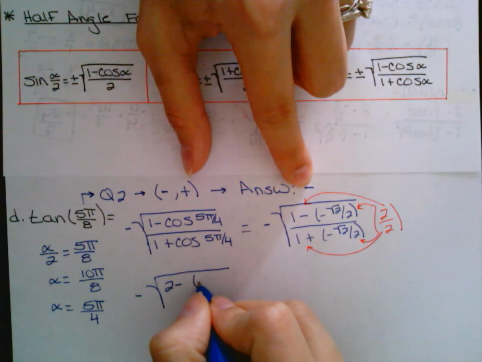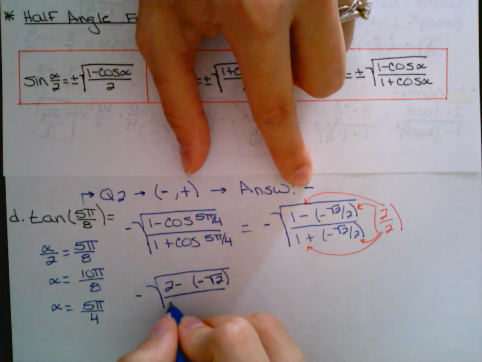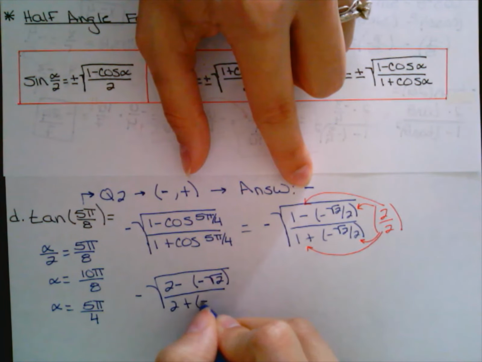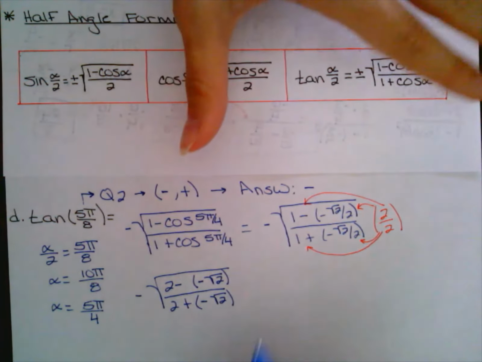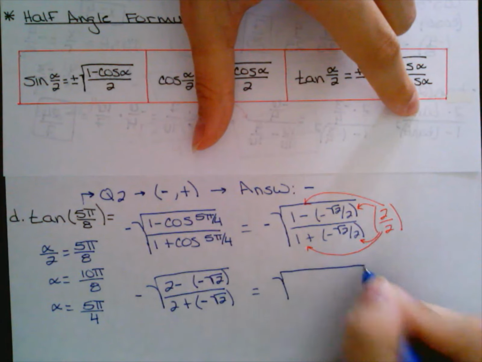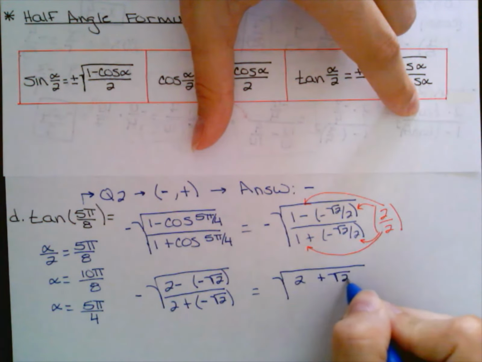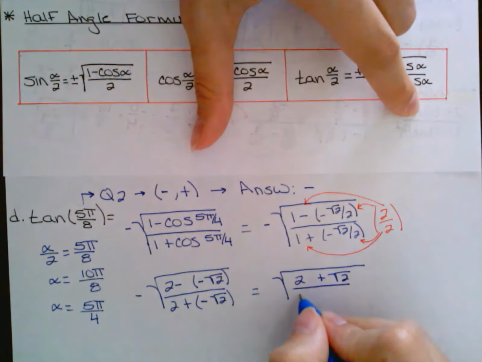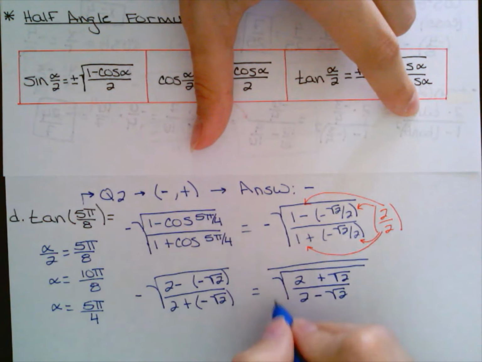So I just am left with a negative radical 2 over 2 times 1 is 2 plus, again, cancels out that denominator. Here we do not have a step of cleaning a denominator of a radical 4 just because we don't have one. All I'm going to do is fix my signs. Do not worry about a radical inside of a radical. That is okay. I end up with 2 plus radical 2 over 2 minus radical 2. And we are done. Oop, I almost forgot my negative. And we are done with this question.